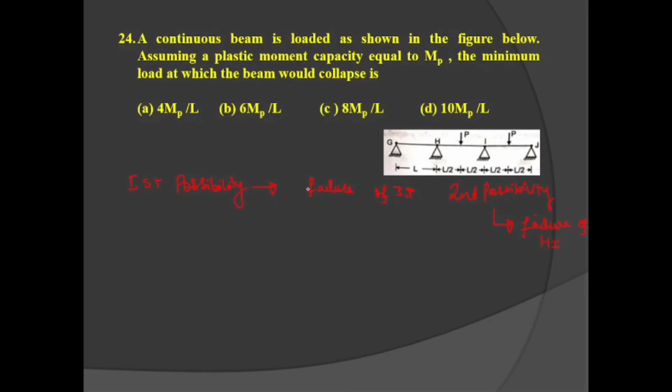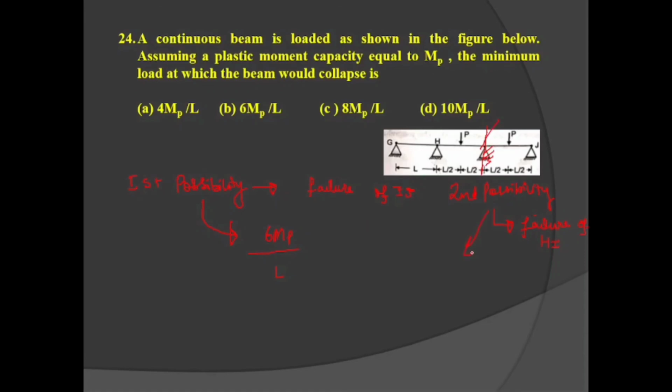The same procedure is applied. When failure of IJ occurs, I get the answer equal to 6 MP by L. Why? Because this will be the propped end, and when this fails, this acts as a fixed end. This is a propped cantilever, 6 MP by L.